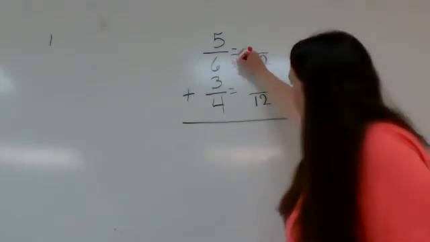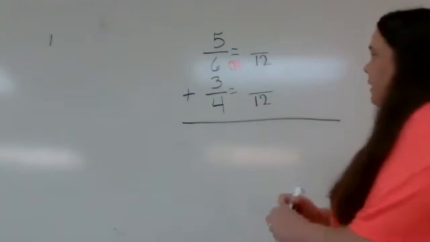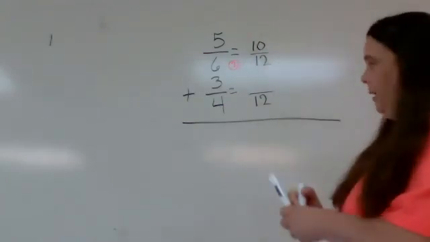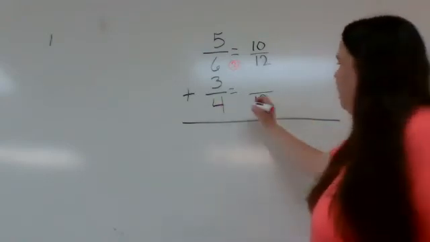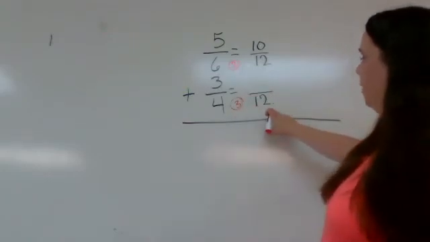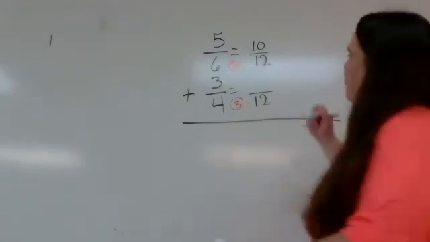Well, 6 times 2 is 12. So 5 times 2 is 10. All right, so this one right here, 4 times what is 12? 3. If 4 times 3 is 12, 3 times 3 is 9.